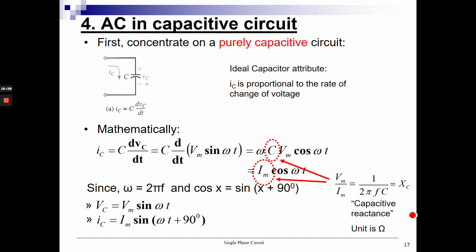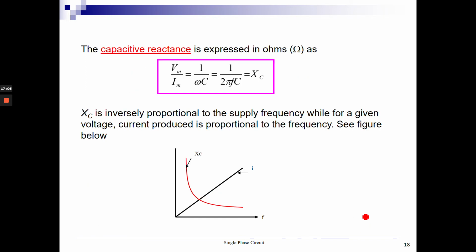So this one we call capacitive reactance. Okay, so this formula you have to remember. So XC equal to 1 over 2 pi FC. So this is the relationship between XC and supply frequency.